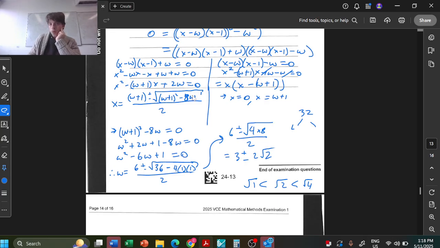It's about 1.4 something, right? So we know that it's about 1.4 something. So this is going to be 3 plus or minus 2 times something that's a bit less than 1.4. So both of those solutions are going to be positive solutions. So both of them are solutions to this question. And that's the answer. 3 plus or minus 2 root 2 will give us 3 solutions.